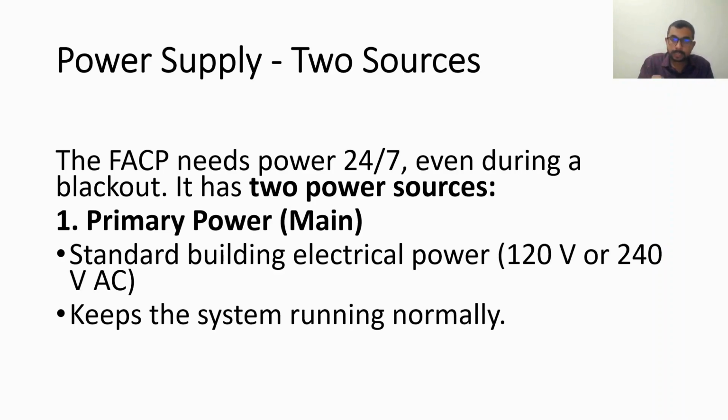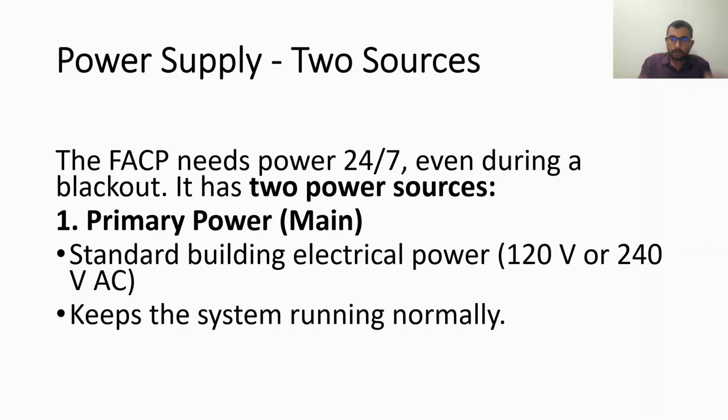So let's discuss the primary power supply. The fire alarm control panel takes its primary power supply from the building main electrical power. Depending on the region, you have two types of power supply. Either it could be 240-volt, or it could be 120-volt. It depends on the region.